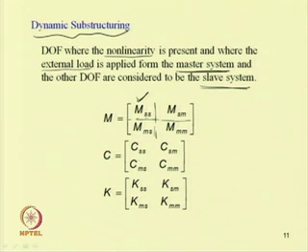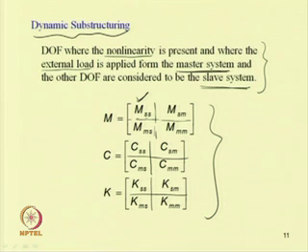Similarly, the damping matrix and stiffness matrix can also be partitioned by slave and master. While partitioning, we should note that the nonlinearity and external loads would be in the master degrees of freedom and all other degrees of freedom will be in the slave degrees of freedom.